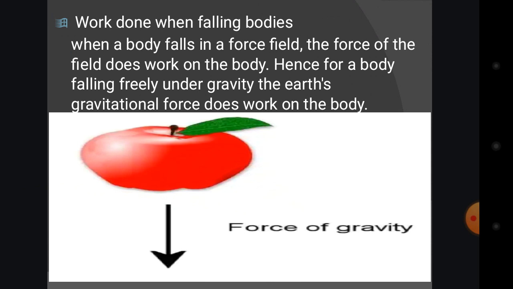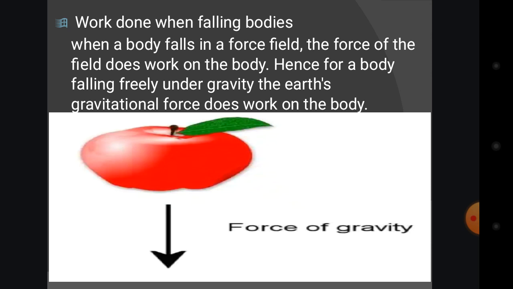Okay, so the second example here is work done when pulling bodies. If you understand the second one, it is talking about going against the force of gravity. This second one is not against the force of gravity, because it is going in the direction of the force of gravity.